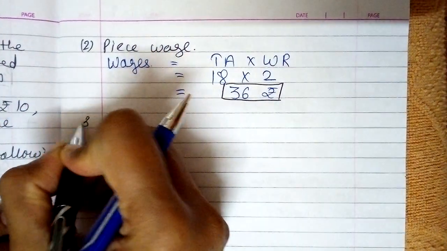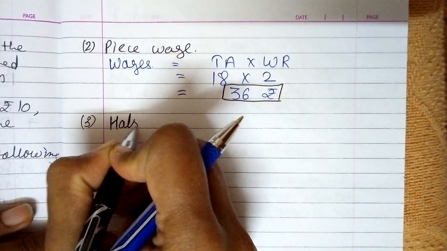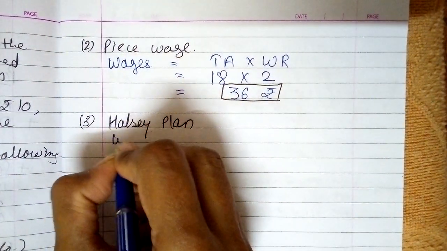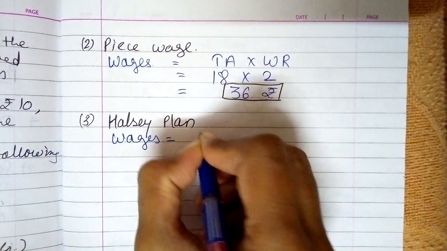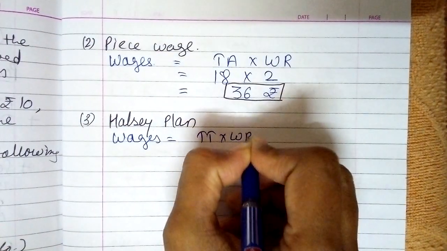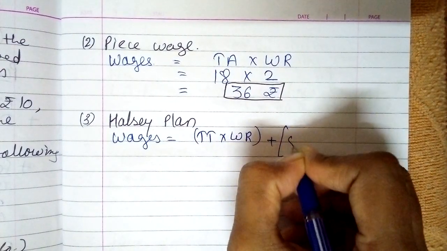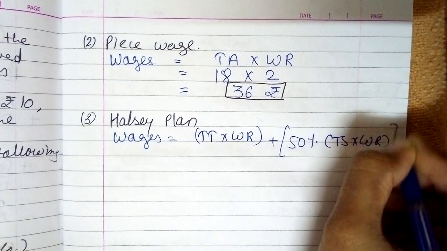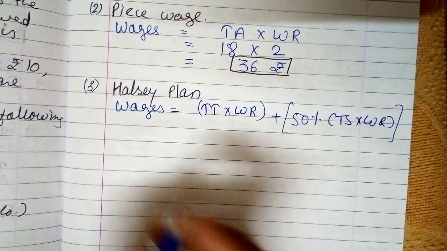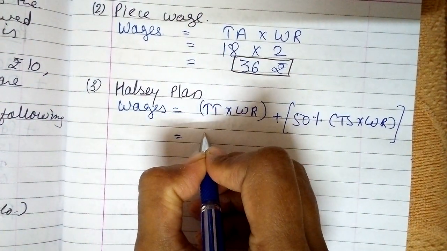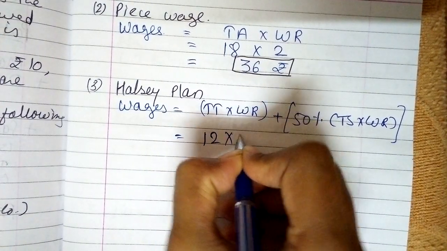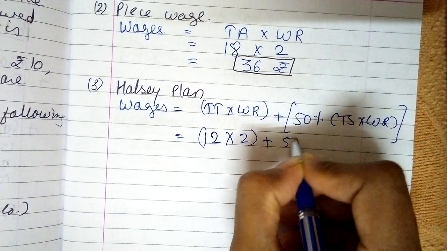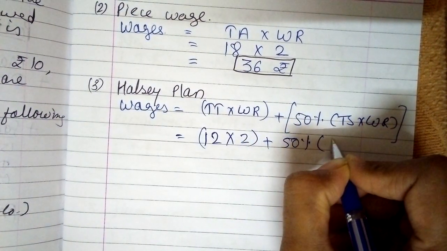Third, as per Halsey plan, the wages are time taken into wage rate plus 50% of time saved into wage rate. Alright, so the time taken is 12 hours and wage rate is 2 plus 50% of time saved.